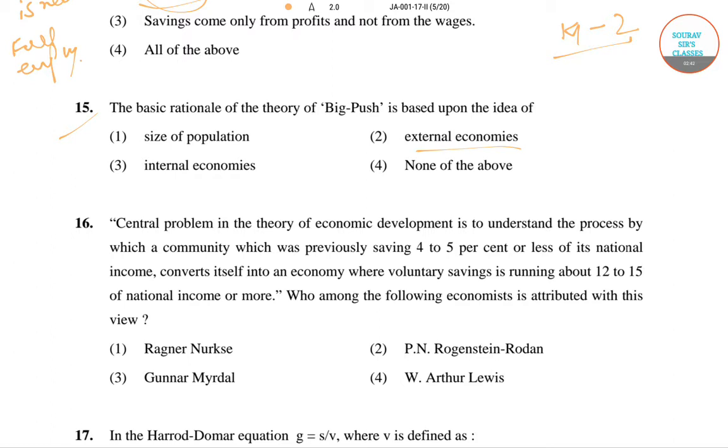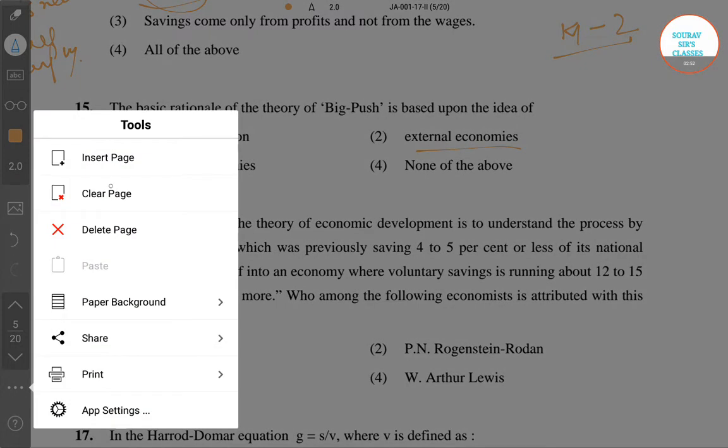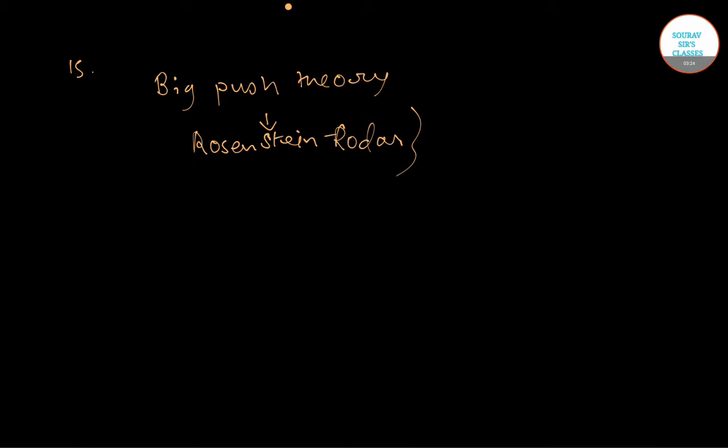The theory of big push is associated with the name Paul Rosenstein-Rodden. The big push theory was associated with Professor Rosenstein-Rodden.